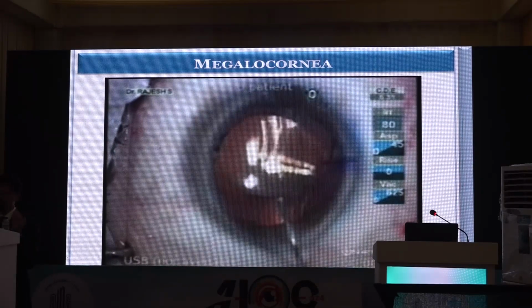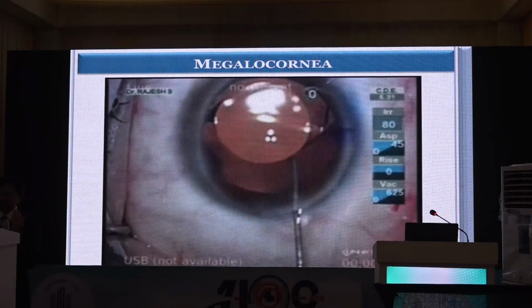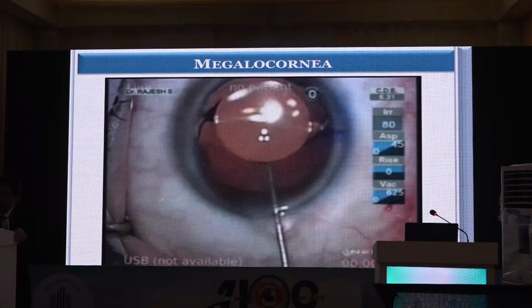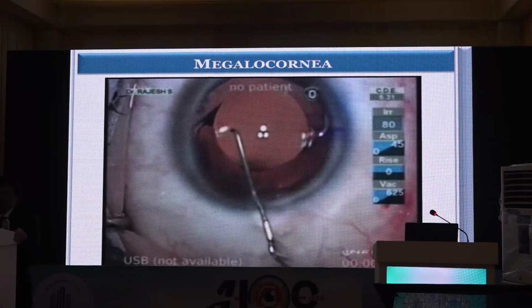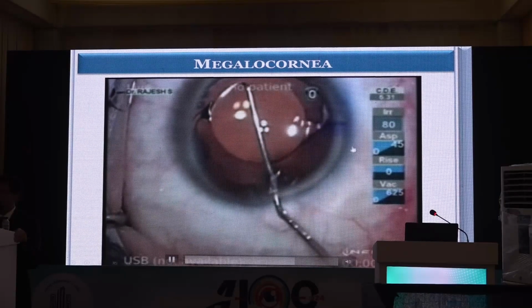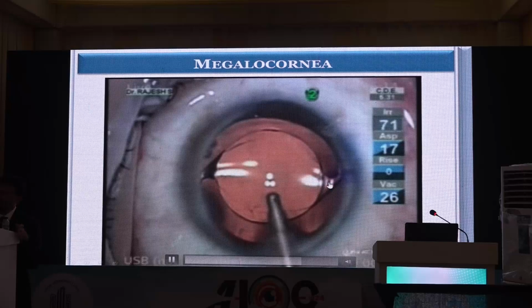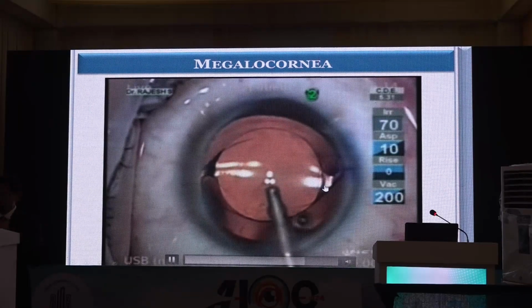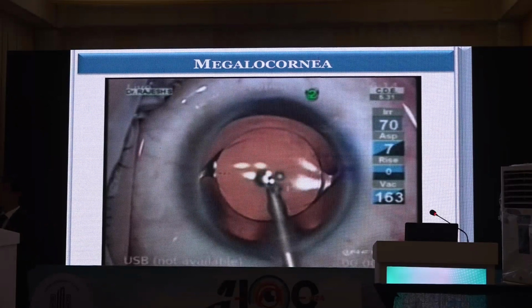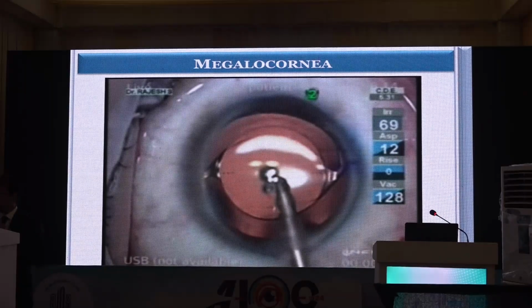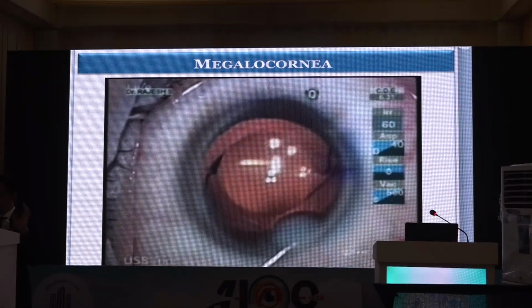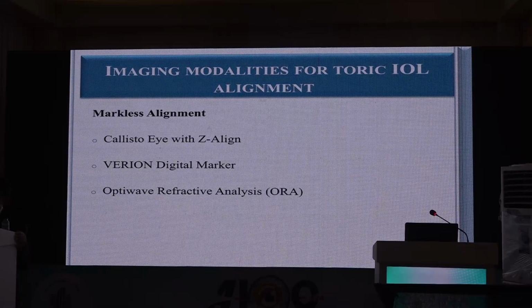Once you have removed that, you can inject some viscoelastic to maintain the chamber, and then go behind the IOL and bring it anteriorly once you have rotated it along the axis, and do a reverse optic capture. So in cases of megalocornea, which you get very infrequently, we can do that and have a stable IOL in position.